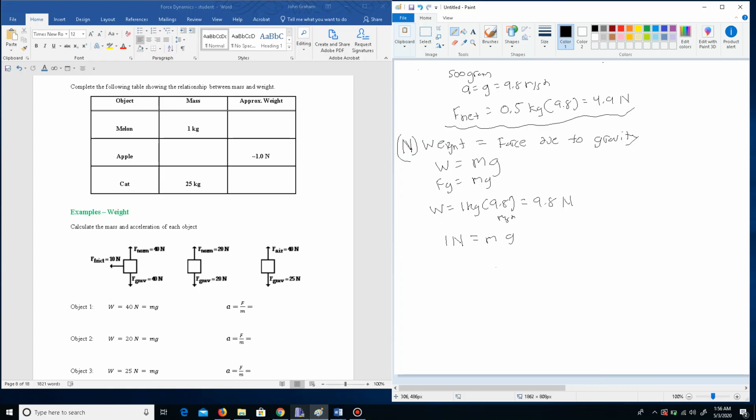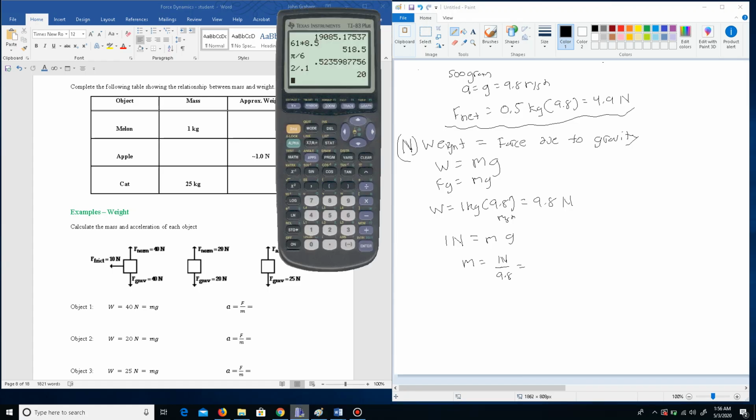And you want to find your mass, you just divide by G. So you're dividing by 9.8. So 1 newton over 9.8, and we get 0.1 kilograms.